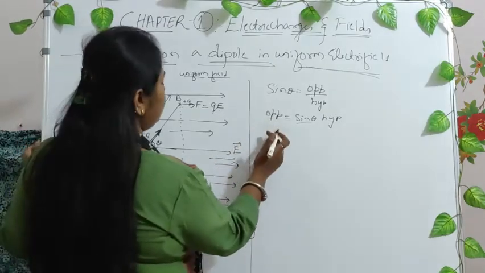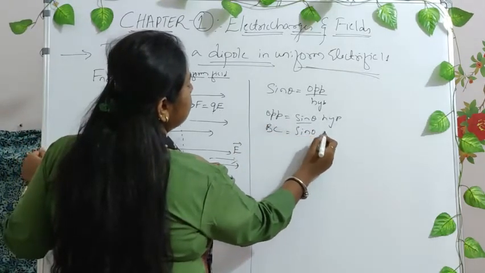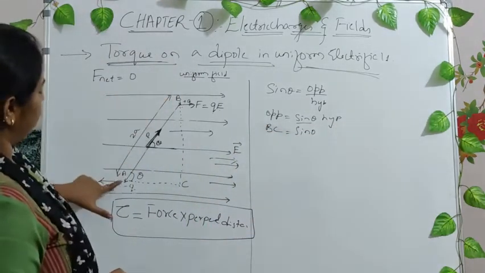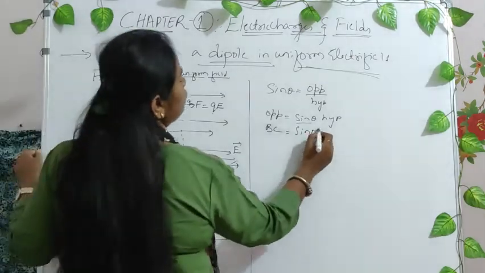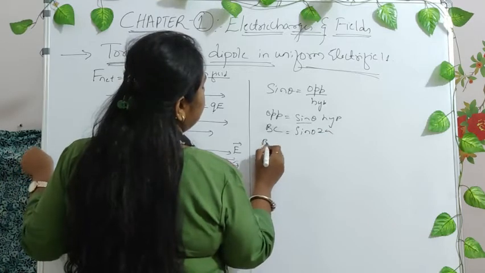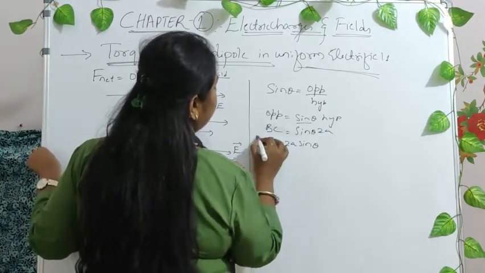What is opposite? Opposite is BC. What is the hypotenuse? The hypotenuse is AB, which has the value 2A. This can be written as BC equals 2A sine theta, right?